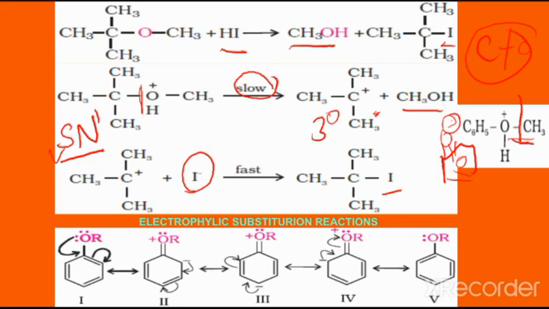Okay, next, the second type of reactions of the ethers, that is electrophilic substitution reactions. In this case, the aromatic group has the alkoxy group. The alkoxy group consists of oxygen with a pair of electrons, which can be delocalized towards the ring. As a result oxygen gets the positive charge and a double bond forms between the first carbon and the oxygen, and the negative charge can be observed on the ortho position.